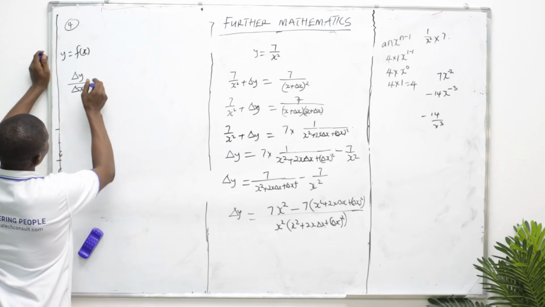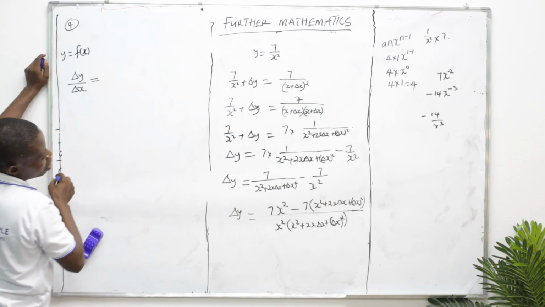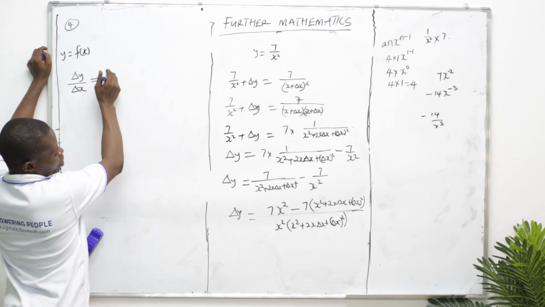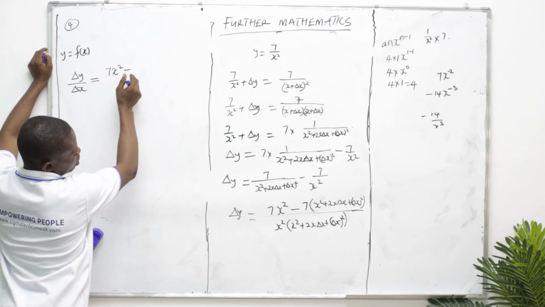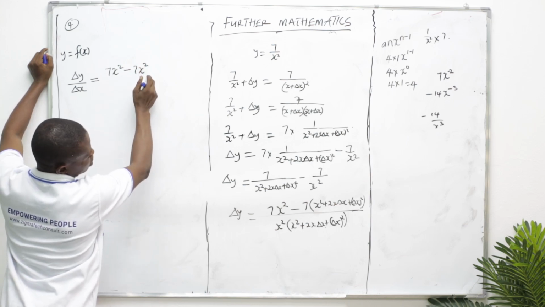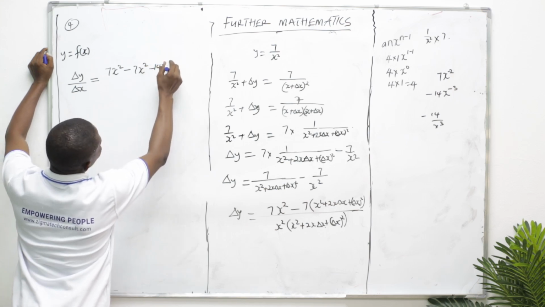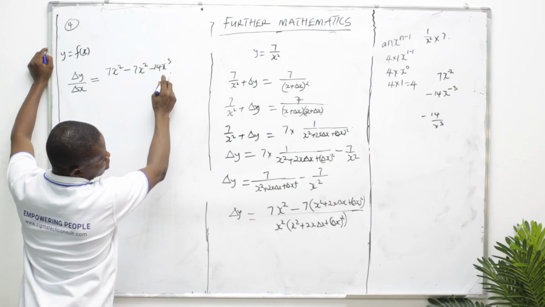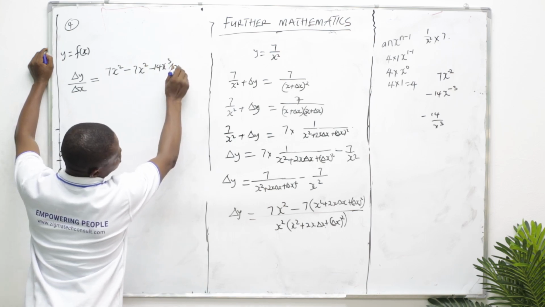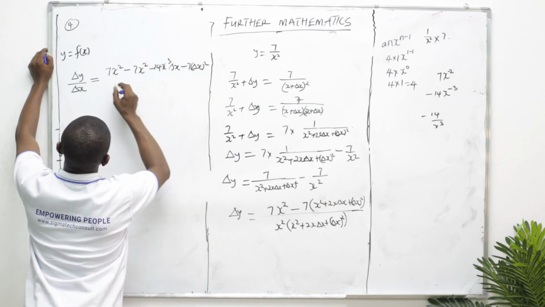So dividing through by our numerator, before we do that, this 7s squared minus 7s squared minus 14s cubed changing s minus 7 changing s all squared.